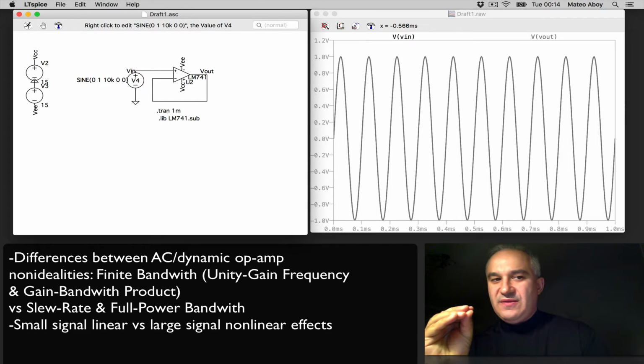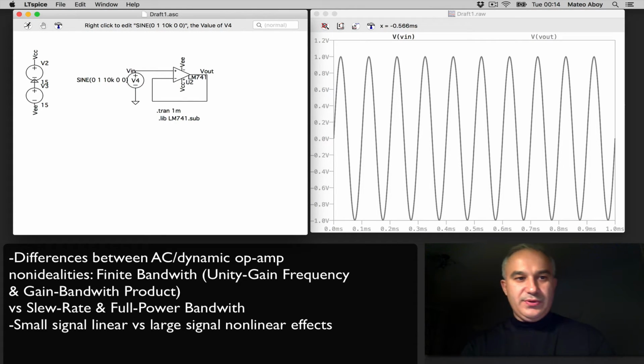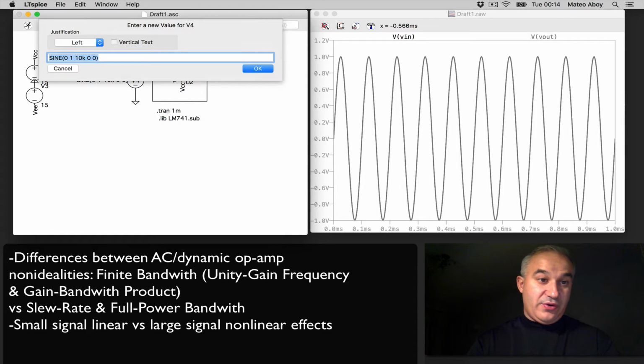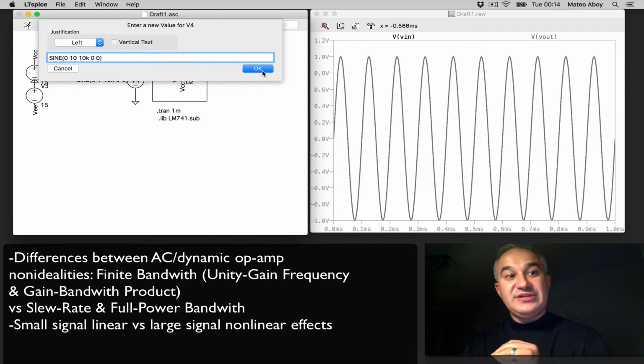Now, the slew rate limiting frequency: if we increase the input, in this case a follower, we increase the output, and we get to a point where that's too fast, the change you need in order to achieve that frequency.